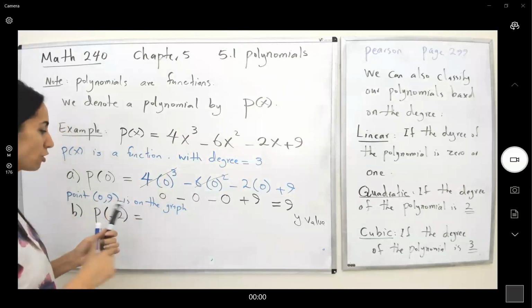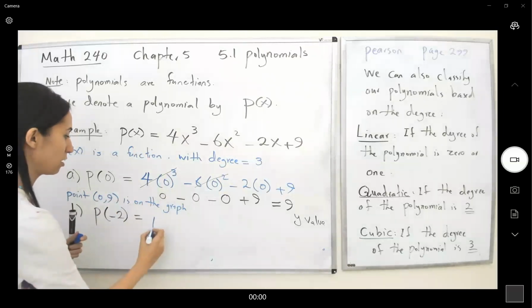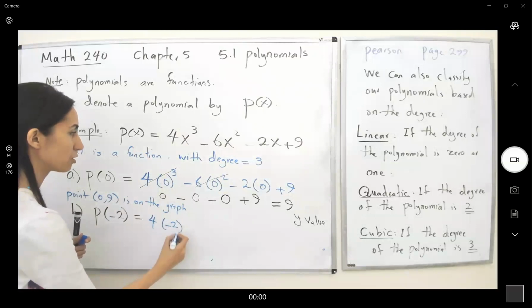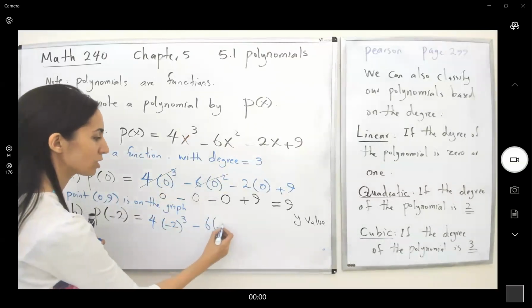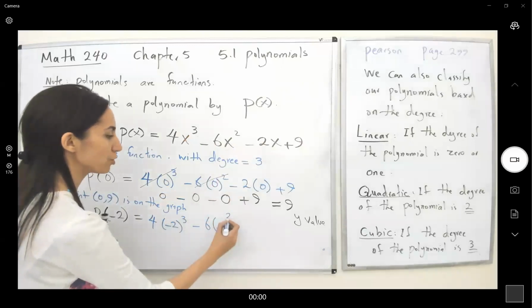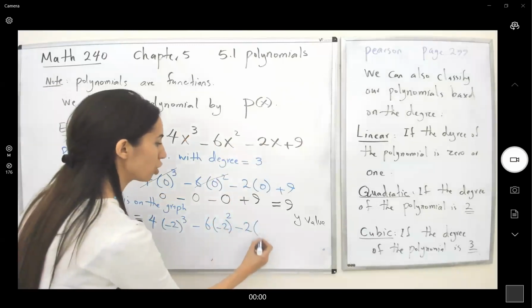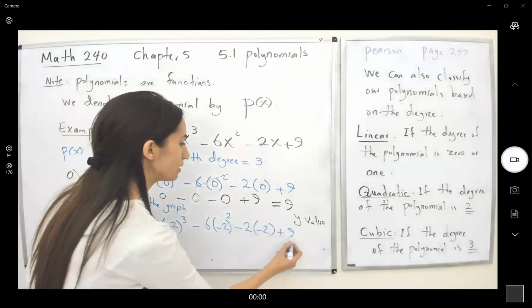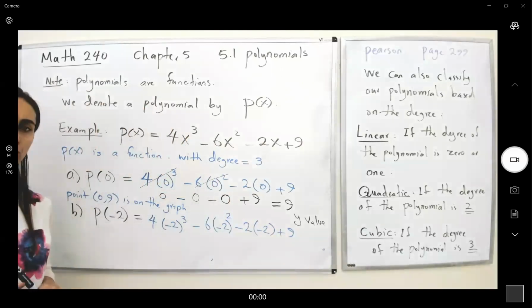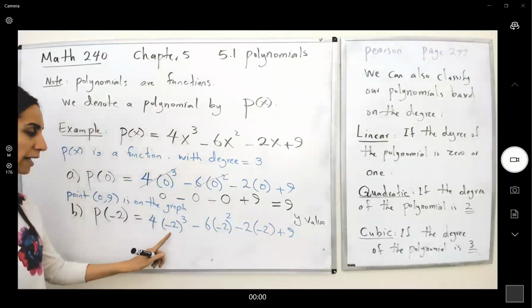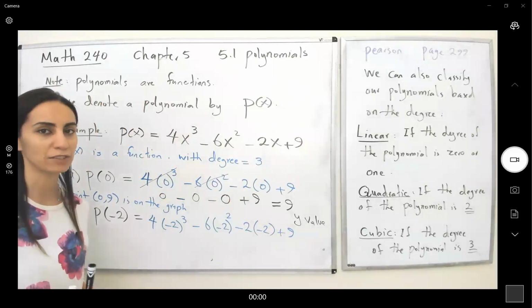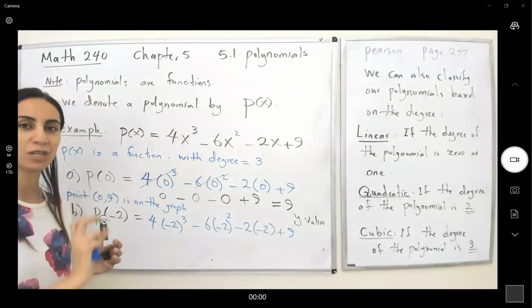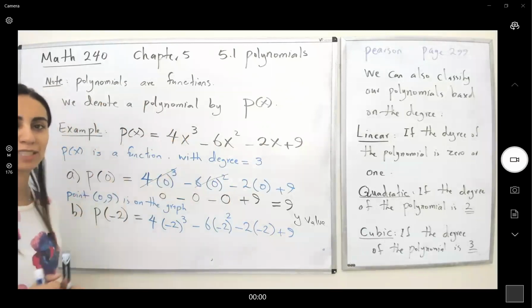So here you have 4 times minus 2 raised to the third power minus 6 times minus 2 raised to 2 minus 2 times negative 2 plus 9. Very well. Negative 2 raised to 3 is not negative 6. It is negative 2 times negative 2 times negative 2.